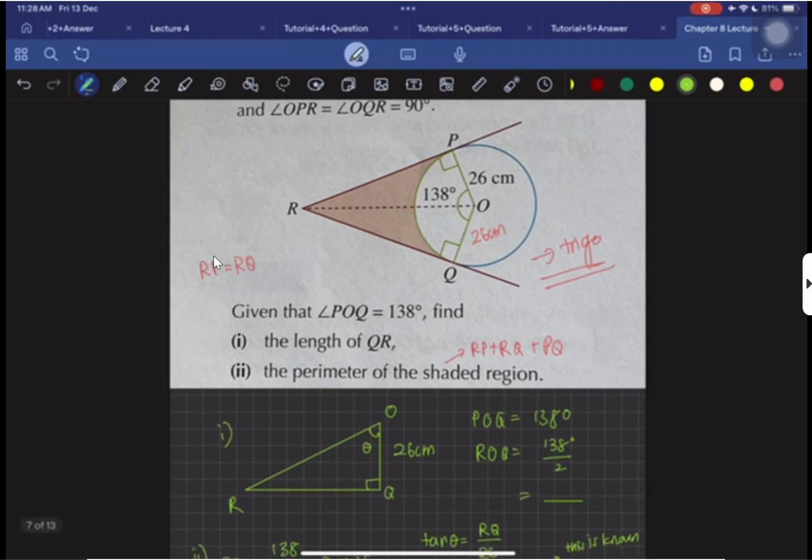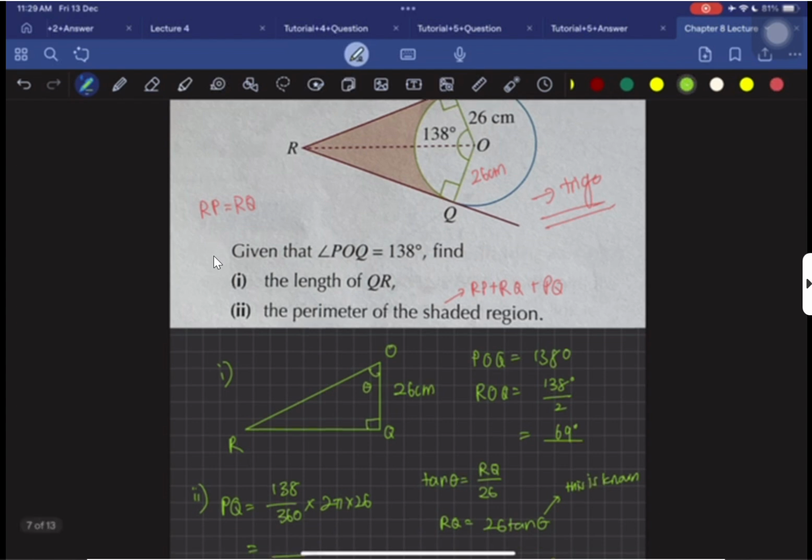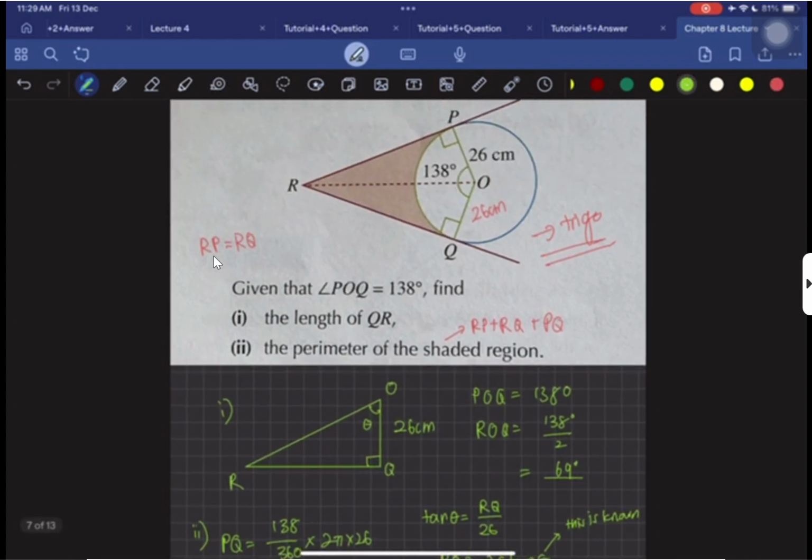Okay? So you just divide 138 by 2 and you'll find that angle. So that should give you 69 degrees. So once you find ROQ, you can use trigo to find the length of QR.